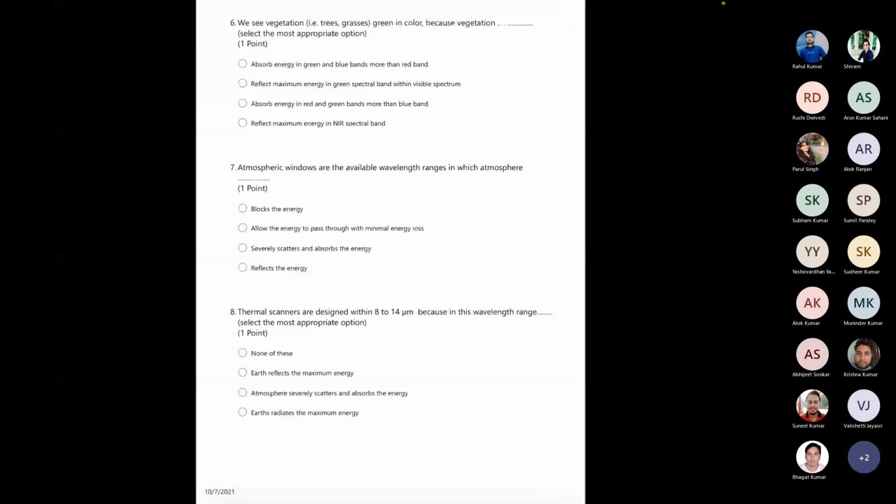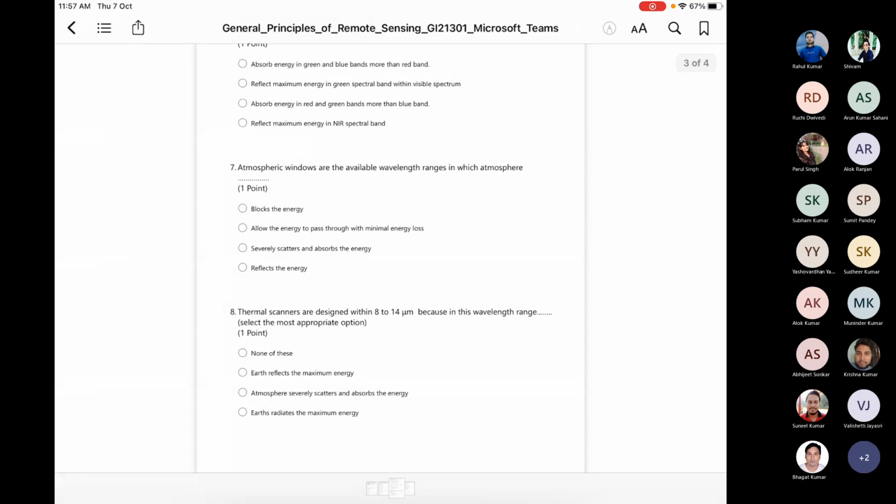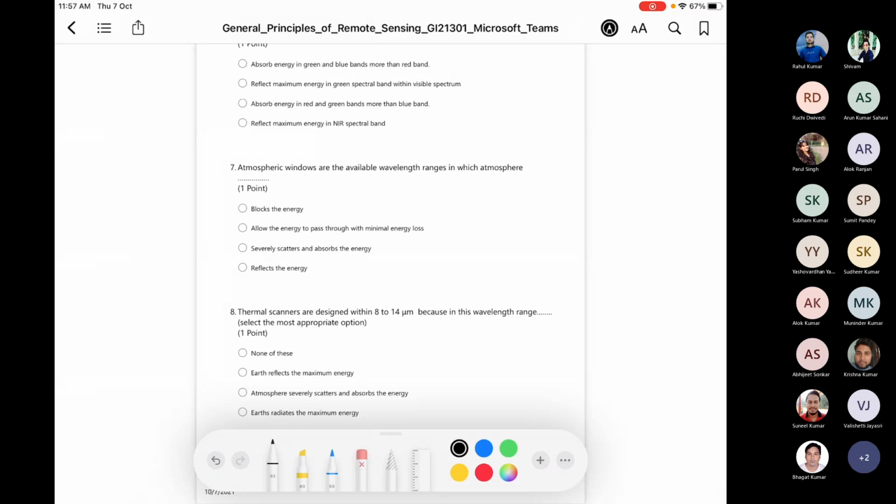In the sixth problem, we see vegetation like trees and grasses green in color because of, the correct option. So what we have discussed is how we see the color of an object. If you analyze the entire process, what happens? I'm drawing here a schematic that describes the entire workflow.